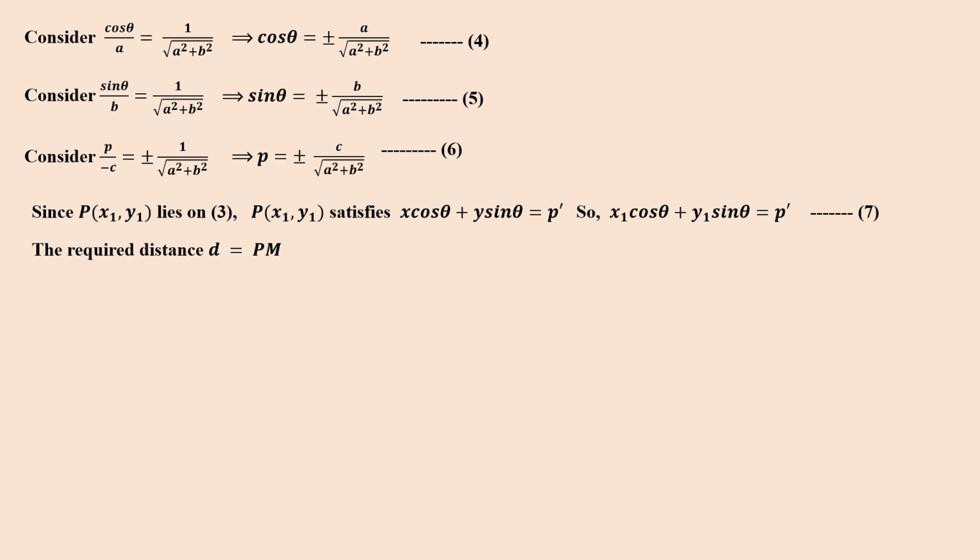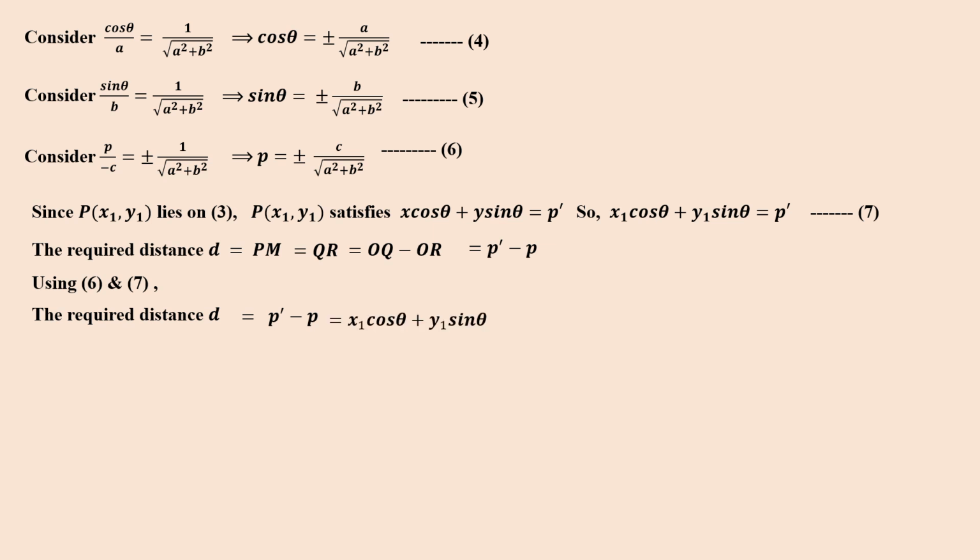The required distance D is equal to PM, that is nothing but QR. So QR can be written as OQ minus OR. OQ we know is P dash, minus OR, which is equal to P dash minus P. So using 6 and 7, the required distance D is equal to P dash minus P, that is x1 cos theta plus y1 sin theta, minus P, which has a plus or minus value.